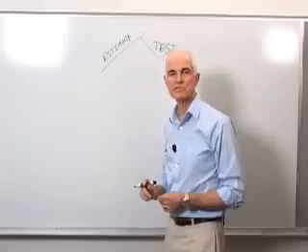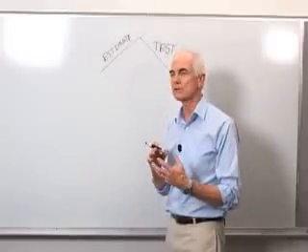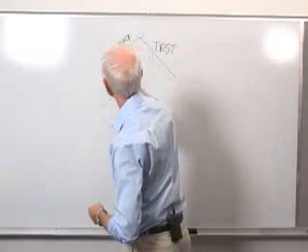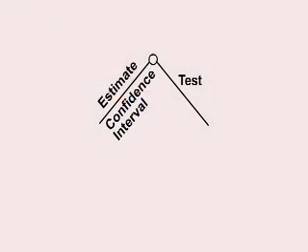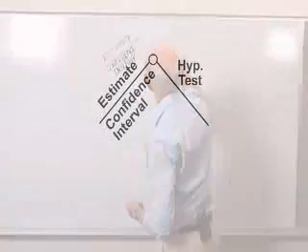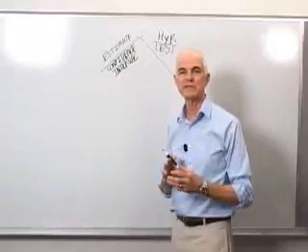In fact, the chapters in the books are organized along these lines until later in the course when we mix them to some extent. When you're estimating, you are actually constructing a confidence interval. And of course, when you're testing, you're conducting a hypothesis test.